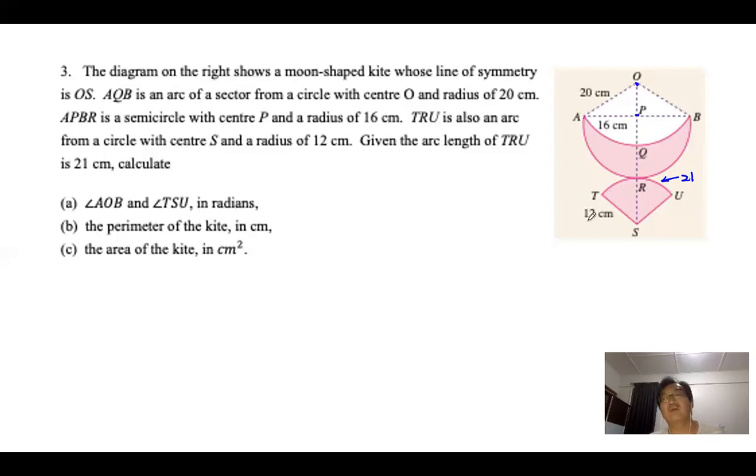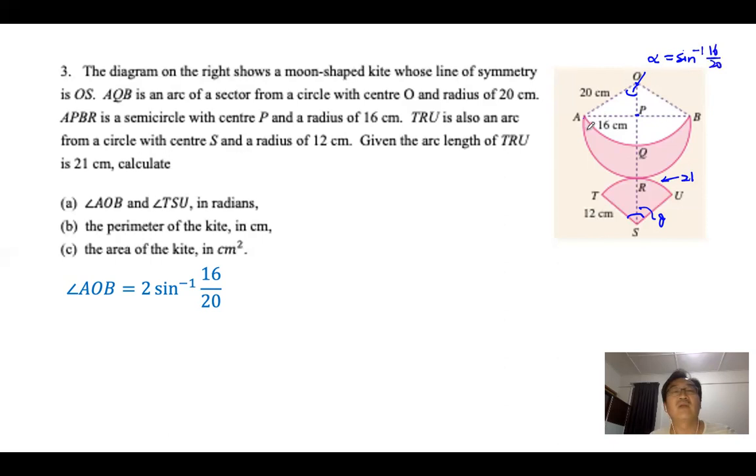This one TSU is quite simple. So AOB, you know that AP is 16, and this one is 20. Let's say this is alpha. We use sine because opposite and hypotenuse are given. So you get sine alpha equals 16 over 20.